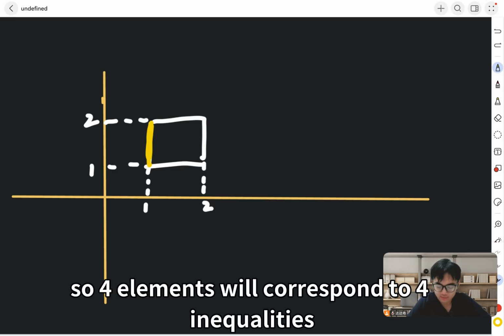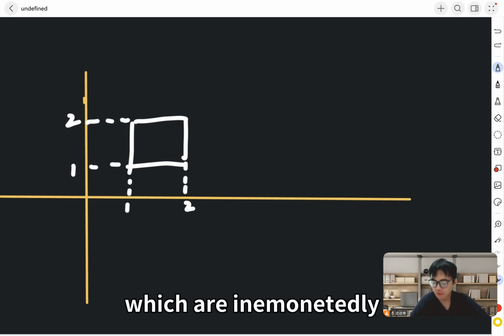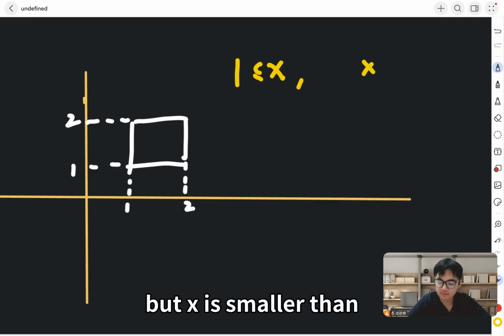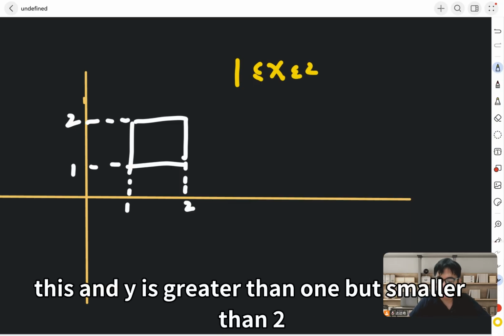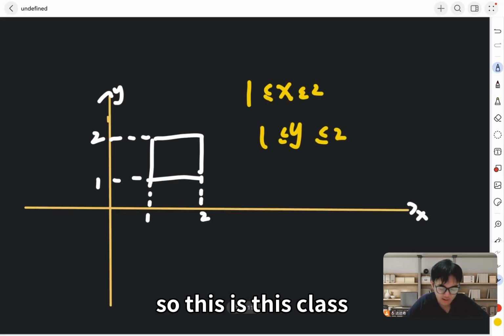So 4 elements will correspond to 4 inequalities, which are independently x is greater than 1, but x is smaller than 2. So we could write them together as this. And y is greater than 1, but smaller than 2.